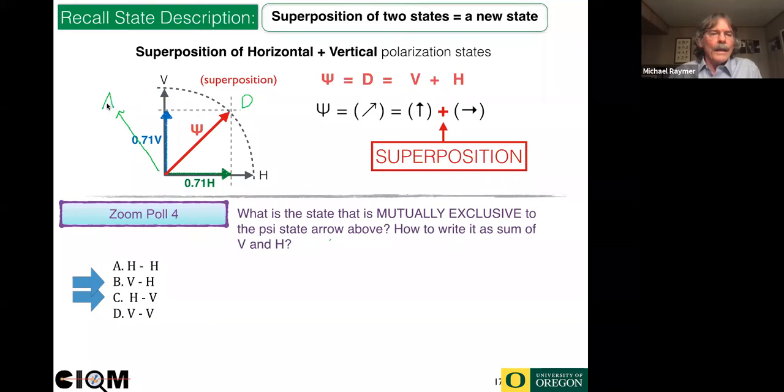This one we call A. And A is equal to V minus H, because here's minus H. So this is A. But remember, we can also have minus A. And those are actually the same state. So that this one is H minus V. So we can have the minus A as well.